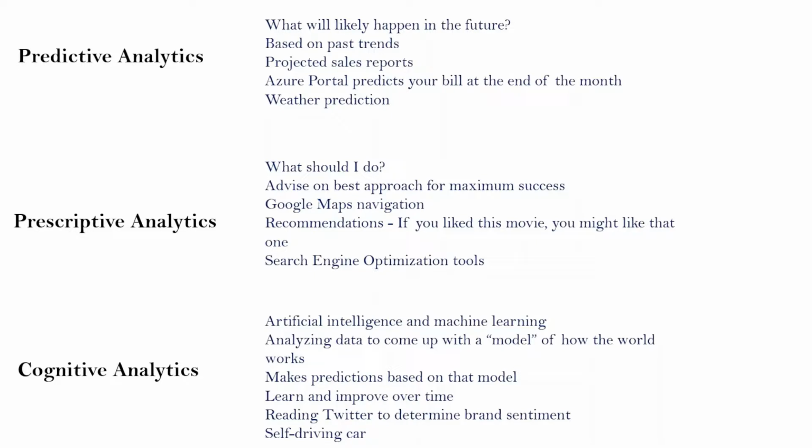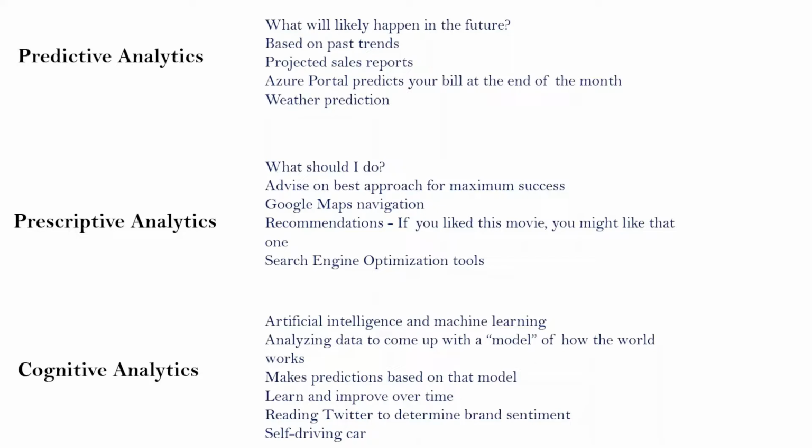One more example is the weather prediction. Weather prediction is not always based on satellite images or something. We can say that when December arrives, the temperature will be down. The Azure portal also has predictive analytics integrated.